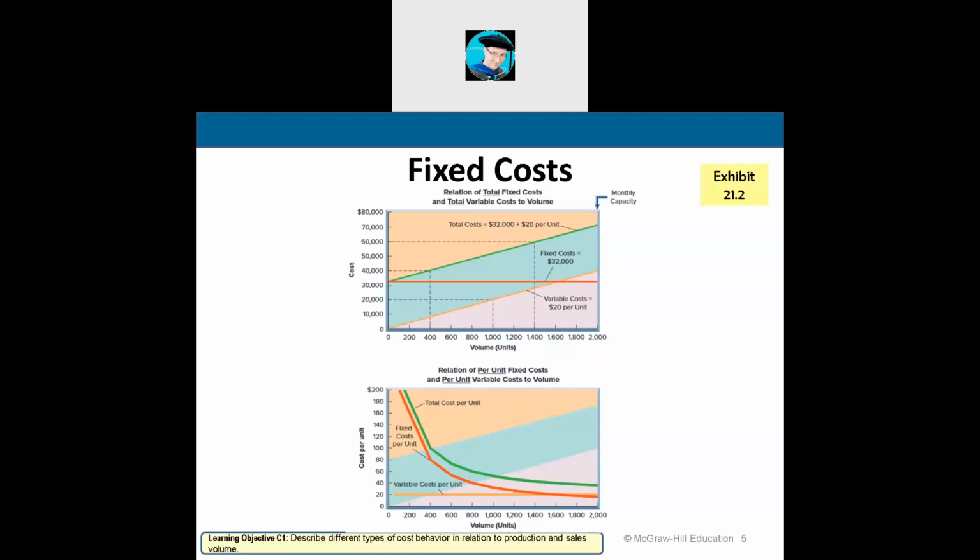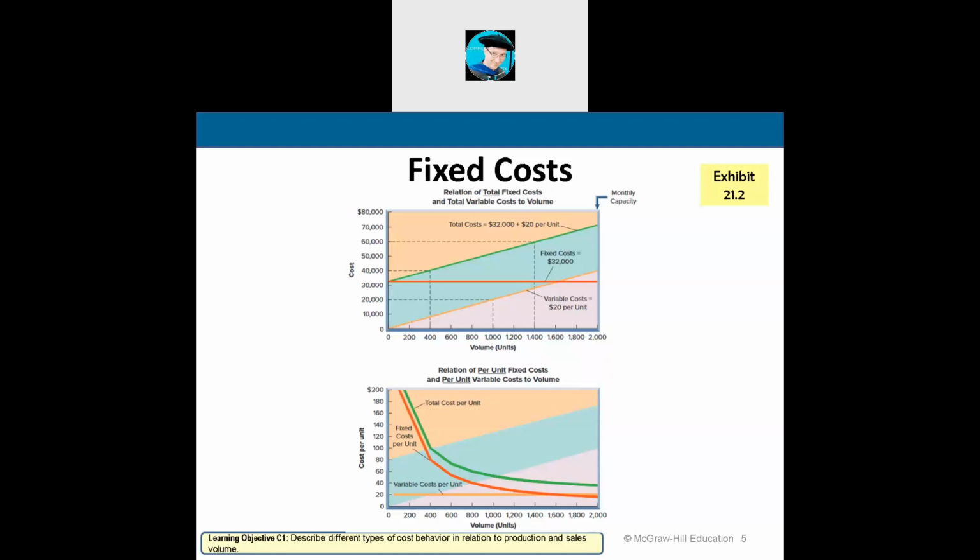That's what makes it variable. Remember, the variable cost per unit remains the same. It varies based off of the number of units, right? So $20 per unit goes up as more units are sold. And my total costs also increase based off of the number of units sold.